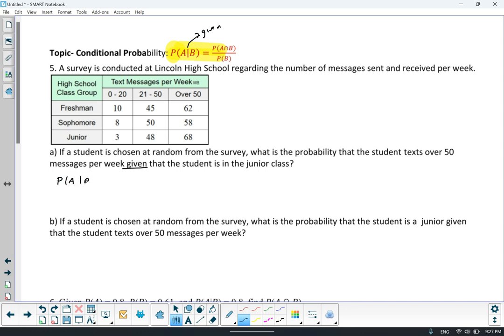And so you should write out the general rule until you really have gotten the formula into your brain. In this case specifically, I'm looking for the person texting over 50 messages, given that they're a junior.